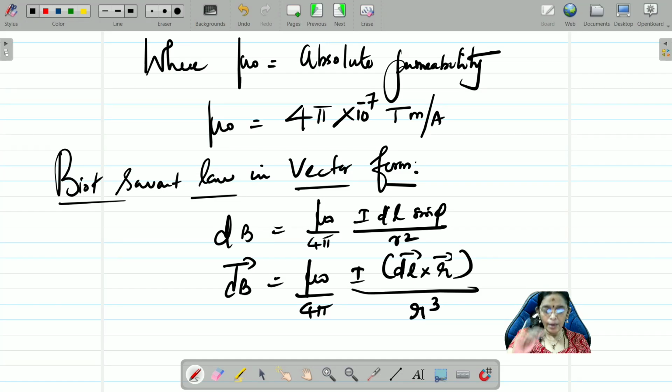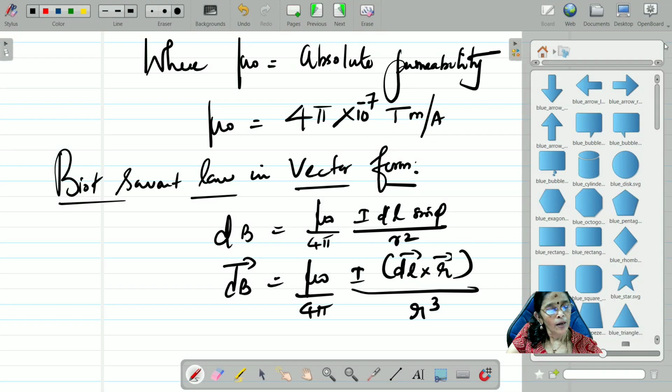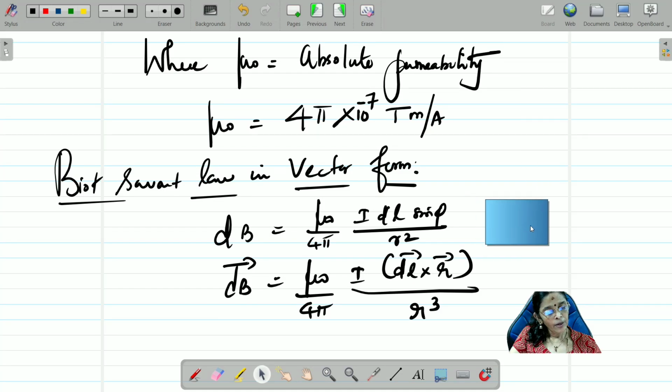In the same way, how did we do it for Coulomb's law? Force, right? Same thing only. So hope you understand, children.